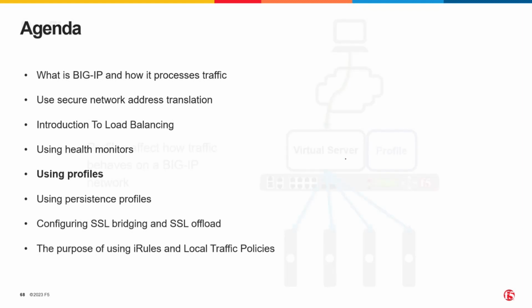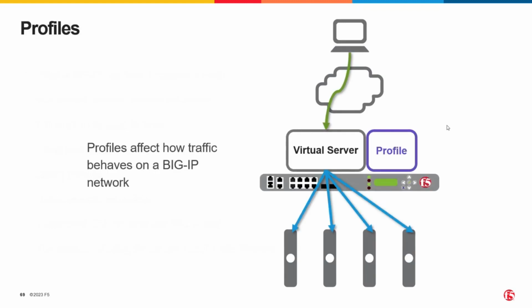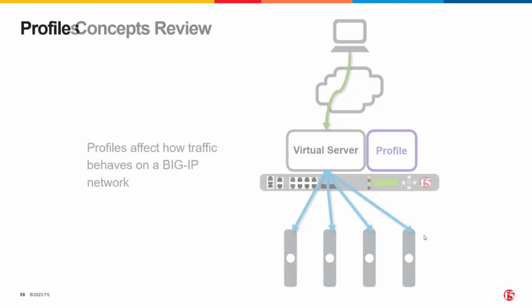So profiles. What are profiles? Profiles can have different meanings on BigIP. Profiles affect your virtual server on how it behaves according to the traffic that is passing through your BigIP. So a profile can be actually anything, okay?